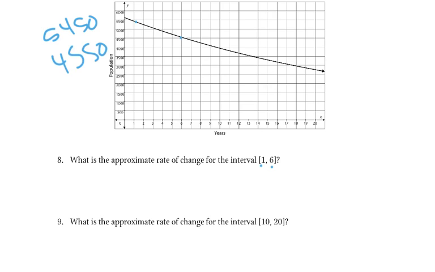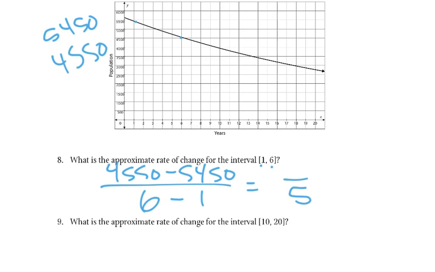So 4,550 minus 5,450 over 6 minus 1. The bottom would be 5. The top is 4,550 minus 5,450. Because it's going down, negative 900 divided by 5 gives us negative 180. So basically every year we lose 180 people in the population.